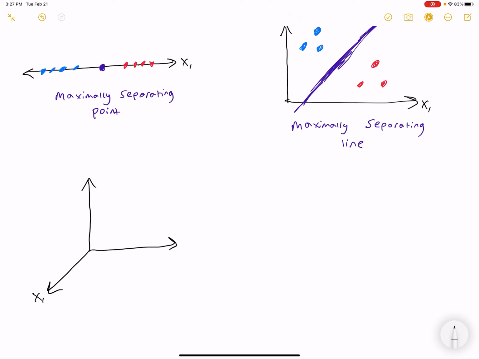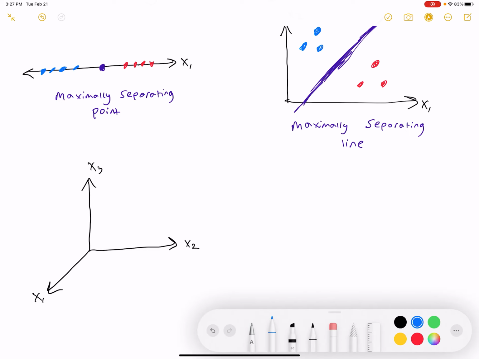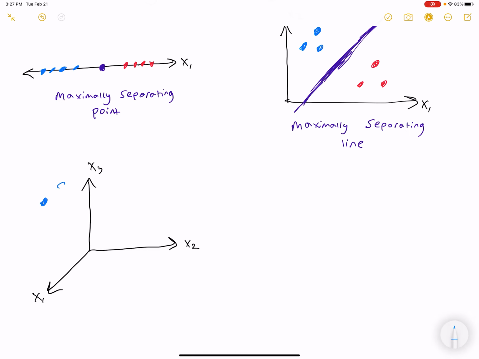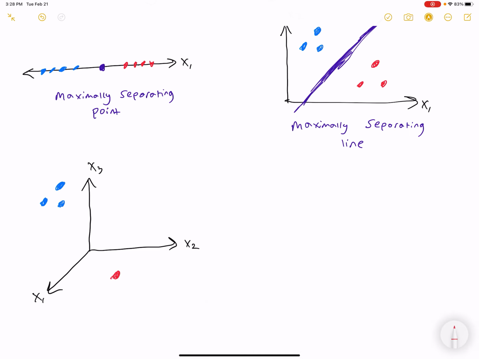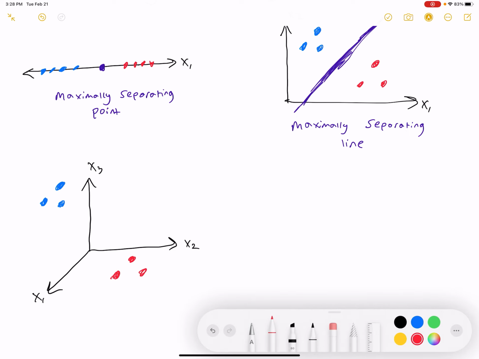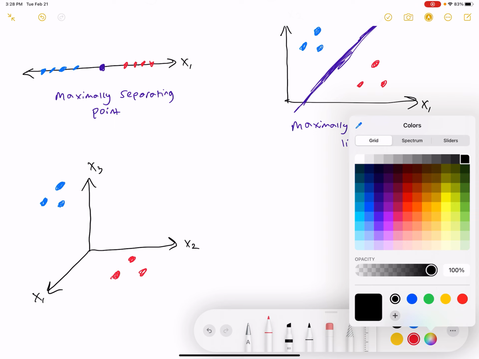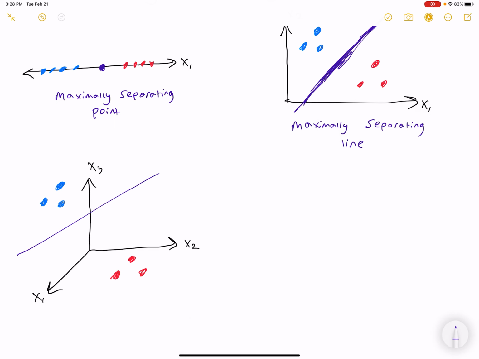In 3 dimensions, so x1, x2, x3. Okay, let's see. So I'm going to draw some blue points up here, and some red points down here. And maybe the plane could kind of look like that.